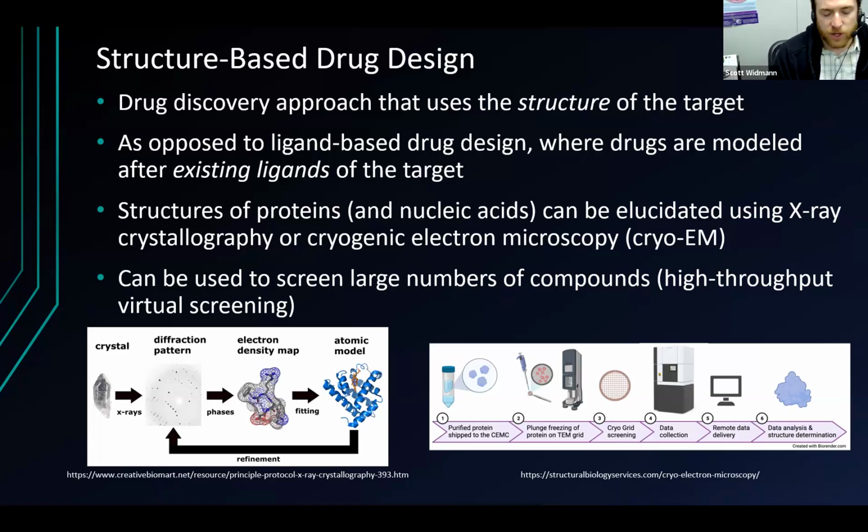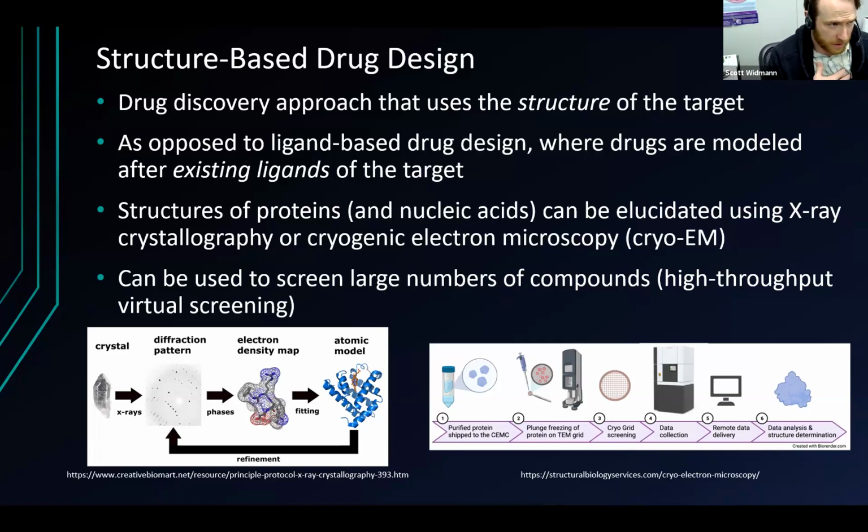And as far as these structures that we're using, proteins, nucleic acids, DNA, RNA, we get these using a couple techniques. One of them is X-ray crystallography. Most of the structures that you'll see are determined with X-ray crystallography.